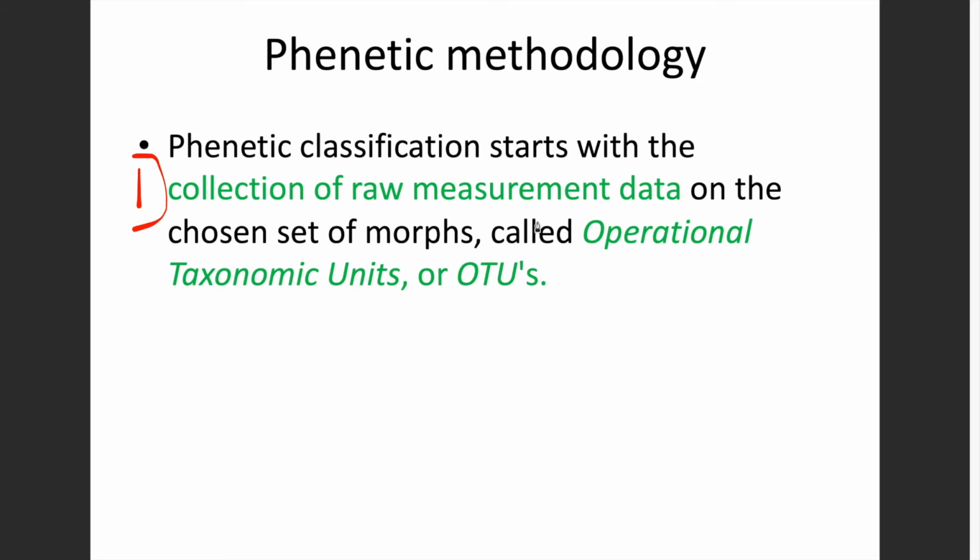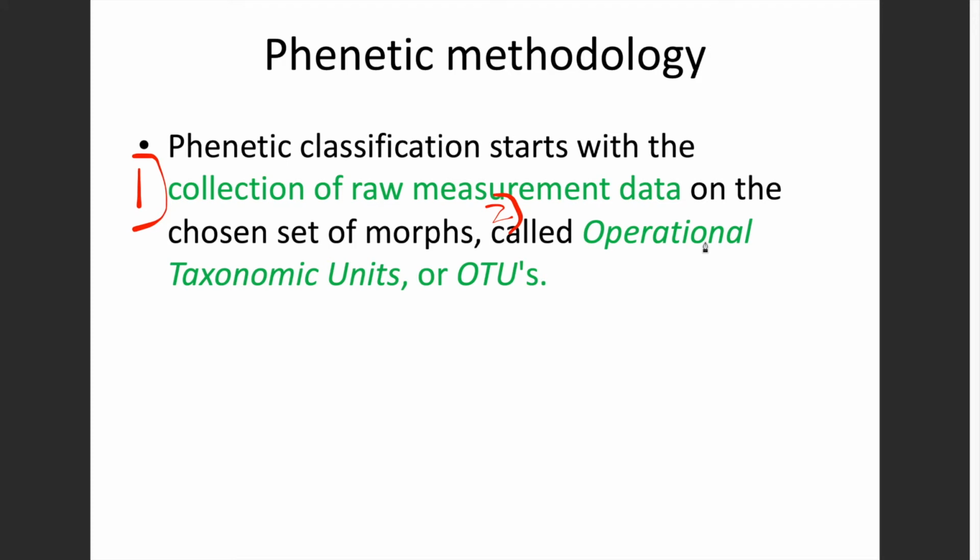So you need to set a certain number of characters. The more, the better. No? You need to create different measurements of your characters. And number two, of course, well, this is actually the first one, you need to assign your operational taxonomic units, your OTU.